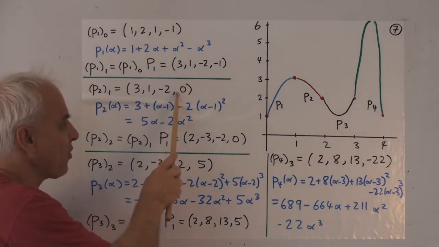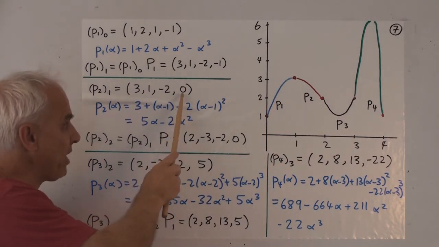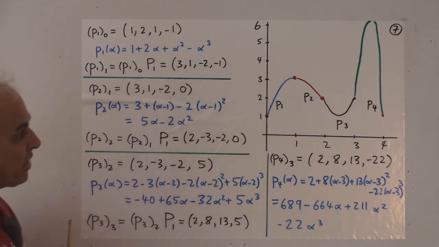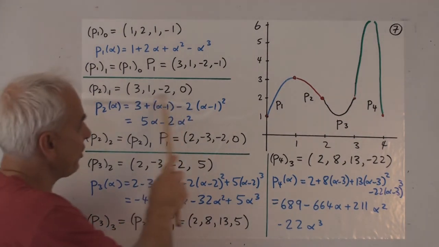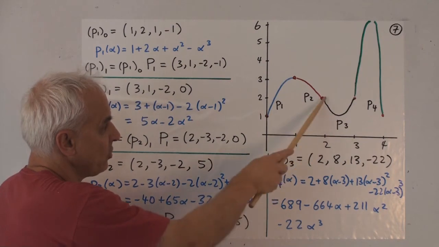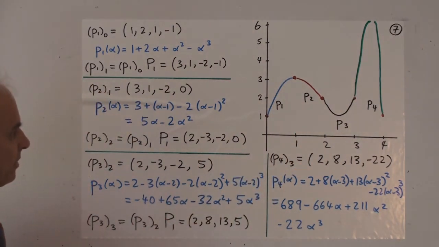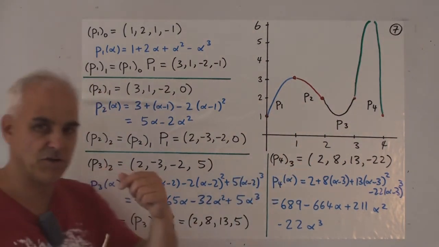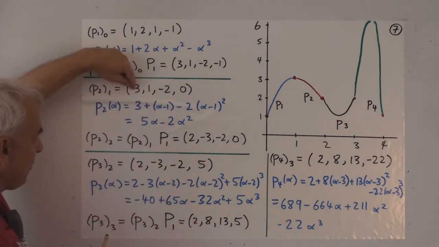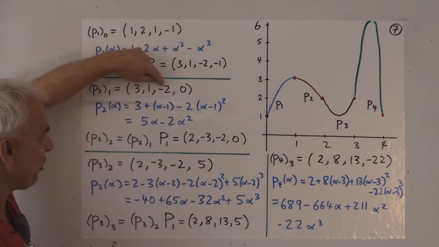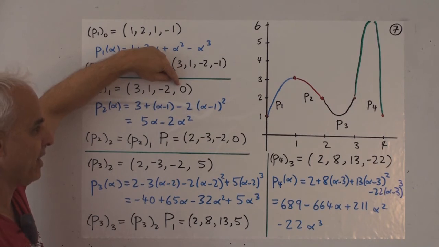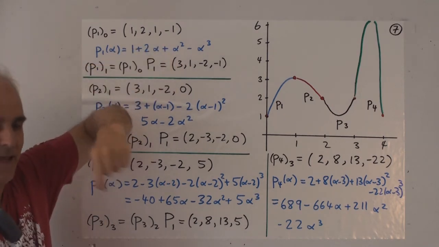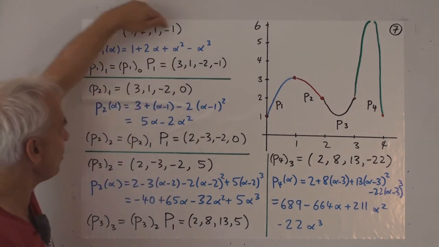And what about this fourth coefficient? Well, we have to choose that so that this polynomial goes through the point 2, 2. And that turns out to be the condition that 3 plus 1 minus 2 plus this thing equals 2. It's exactly the same condition that we used here.